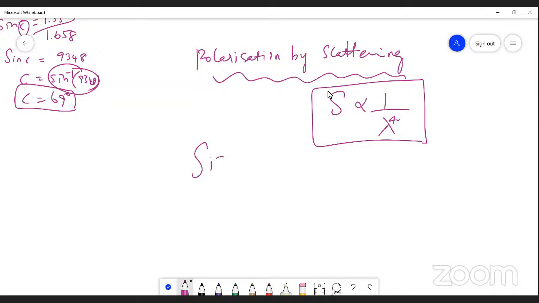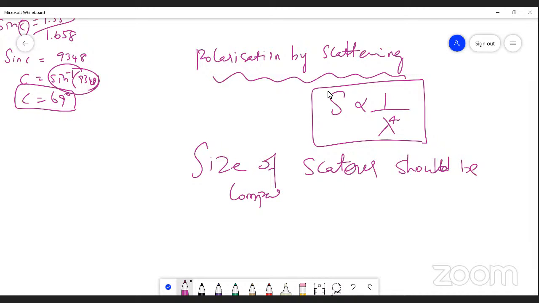The size of the scatterer should be comparable to the wavelength of the incident light. Scattering mainly depends on the wavelength of light.